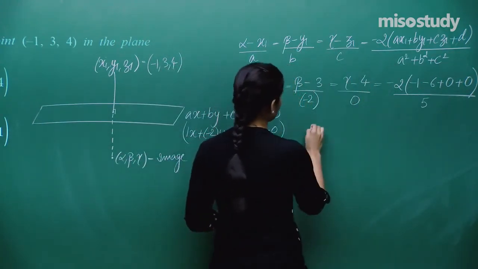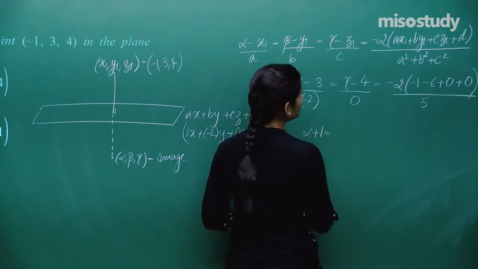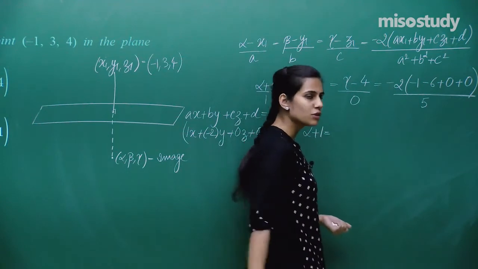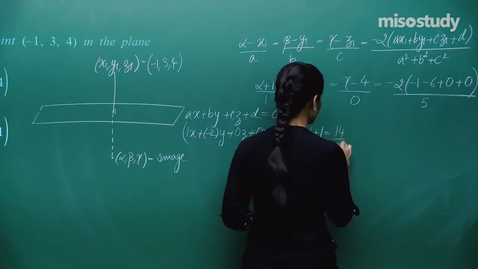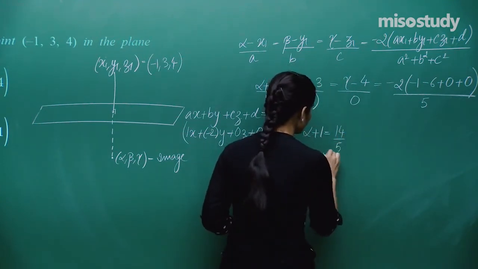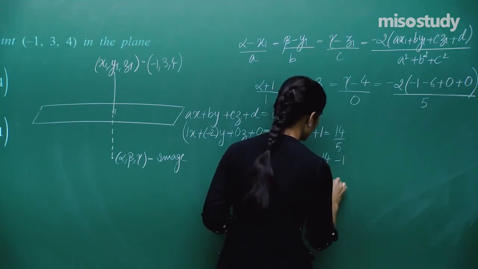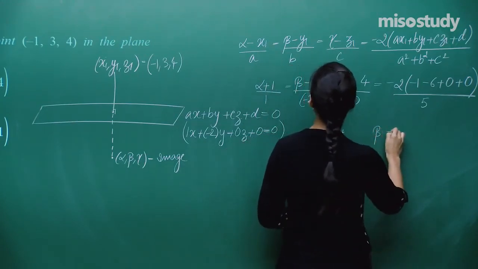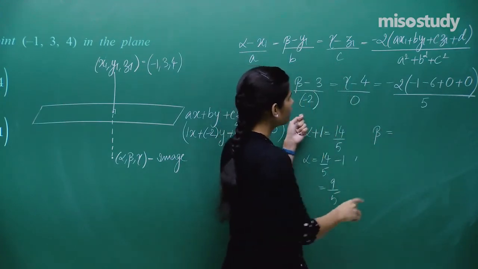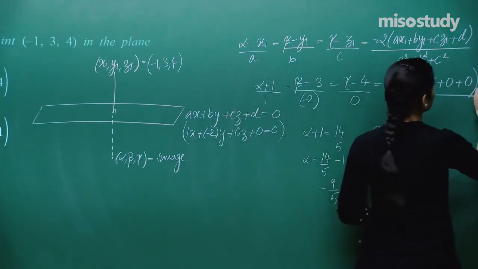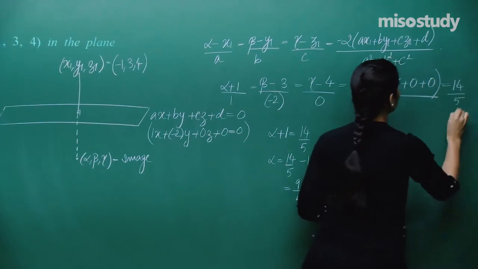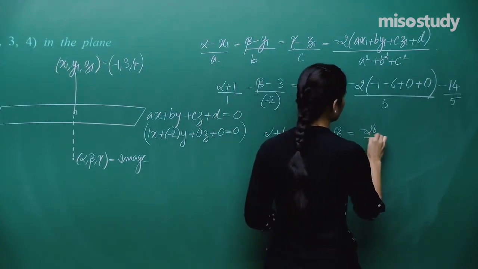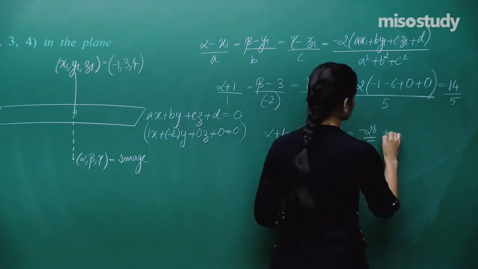So what is alpha? You get alpha plus 1 is equal to, this is what? Minus 7. Minus 7 into minus 2 gives you 14. So 14 upon 5. Alpha comes out to be 14 upon 5 minus 1, which is 9 upon 5. Beta is what? This is 14 upon 5, so 14 upon 5 into minus 2, you get minus 28 upon 5 plus 3.